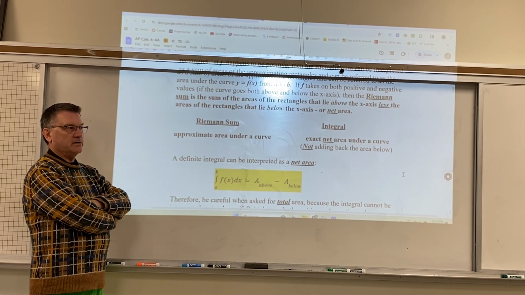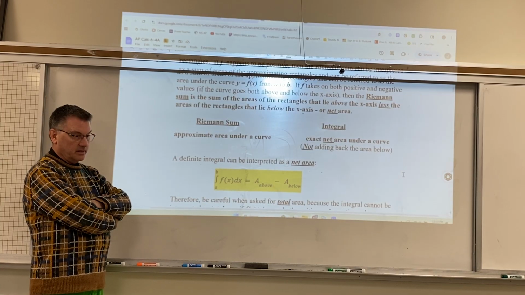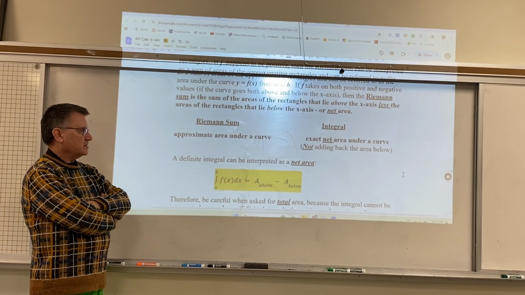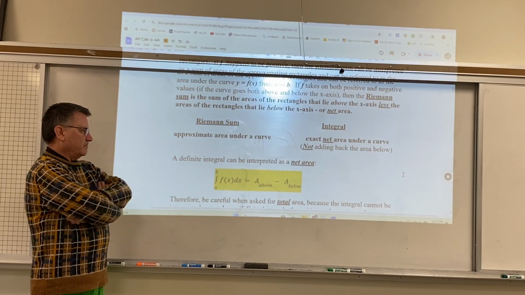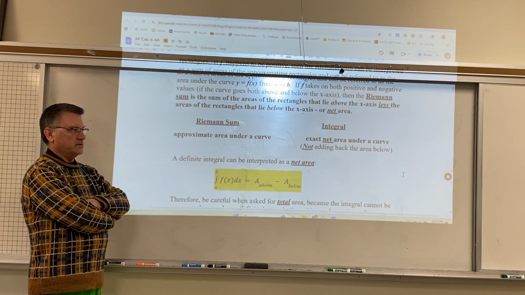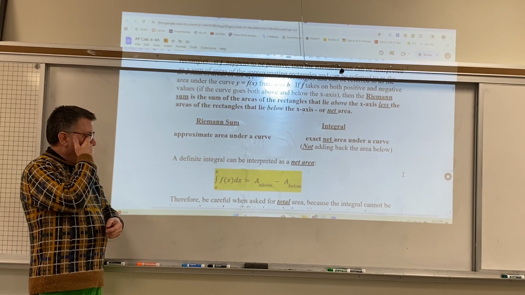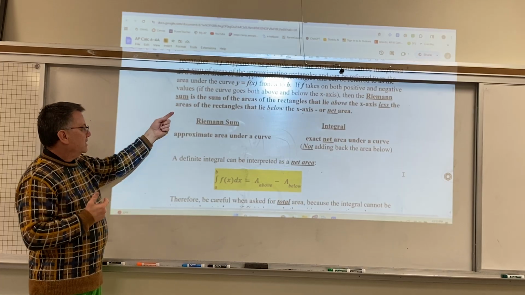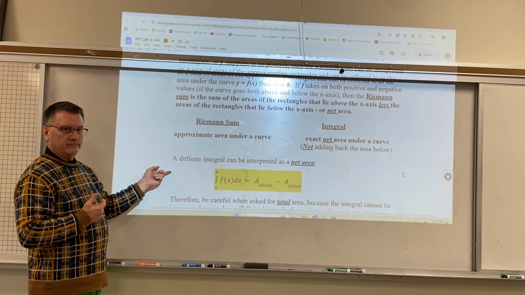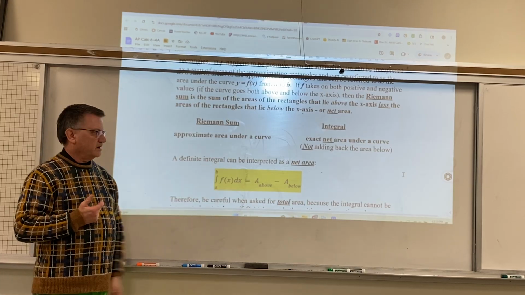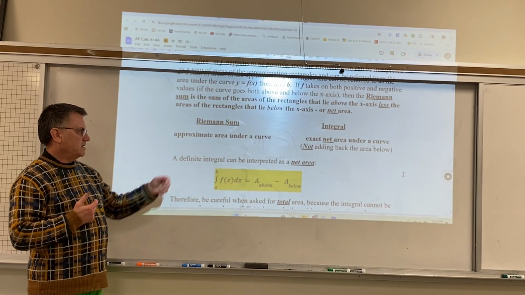And when I do Riemann sums, it's still going to be net area because I'm going to subtract anything that has a negative area. That's part of adding stuff together. You'll see that, oh, this one's underneath, so it's negative. It's going down. If you plug it into the formula, you're going to get a negative y. So you're going to do width times a negative y, and it's going to take away from your total answer. That's why I say it's net.